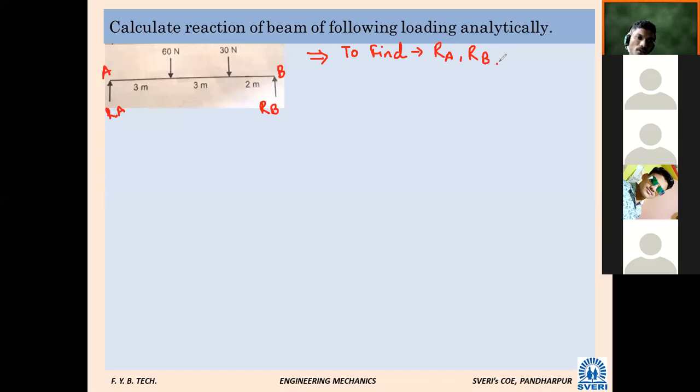There are two unknowns, so we use the conditions of equilibrium. What are the conditions of equilibrium?